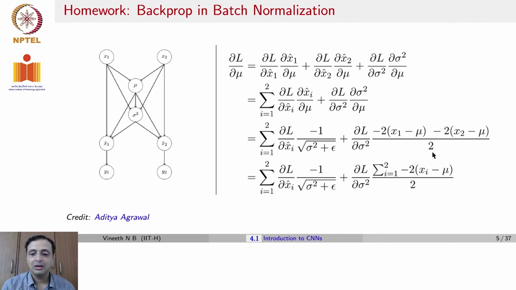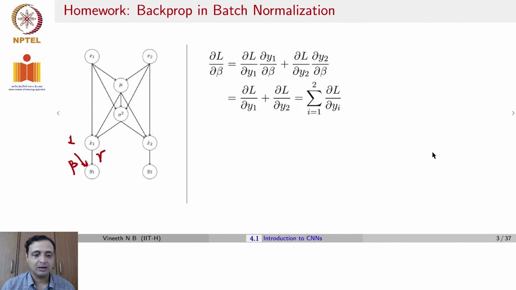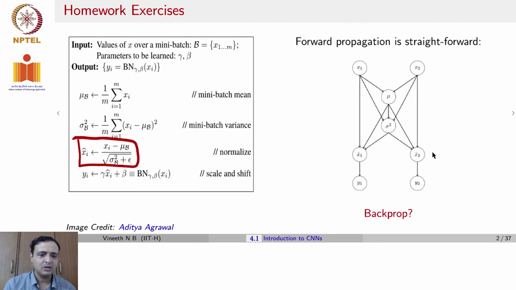Just to repeat that, remember that if we go back to the algorithm, from the same boxed equation here, you could take sigma b square plus epsilon to the other side and get xi hat as the denominator, and you would do this for x1 hat, x2 hat, and all of that.